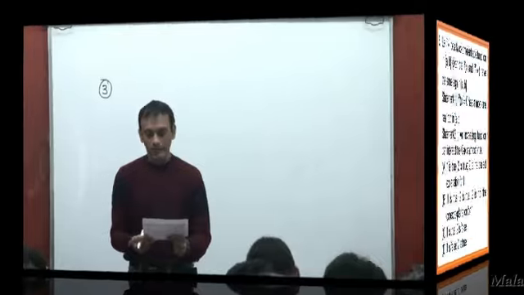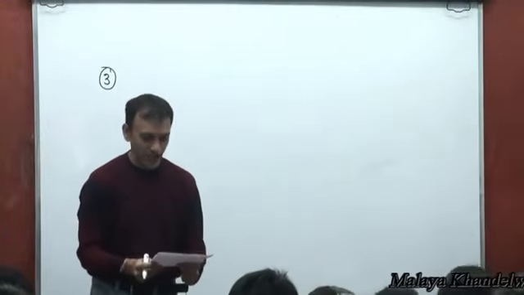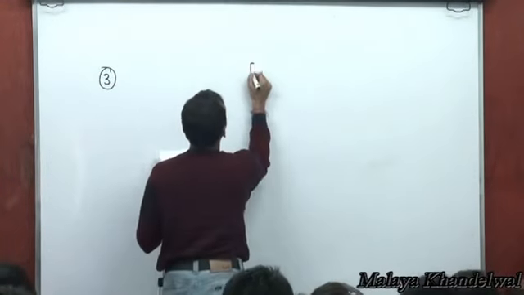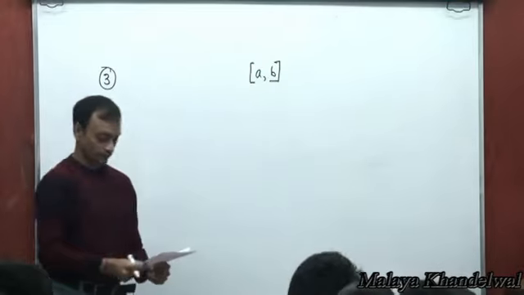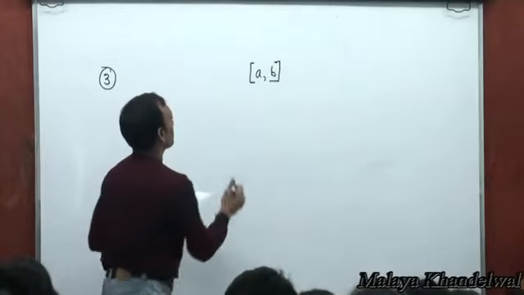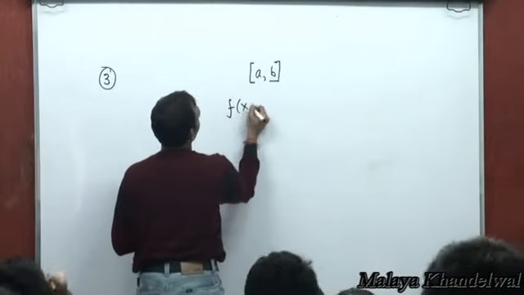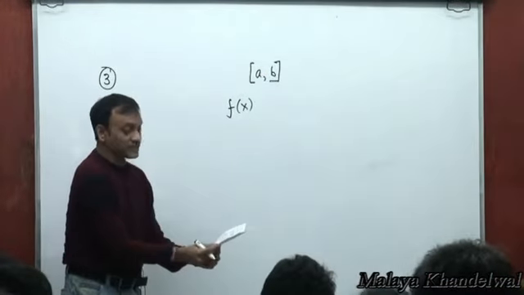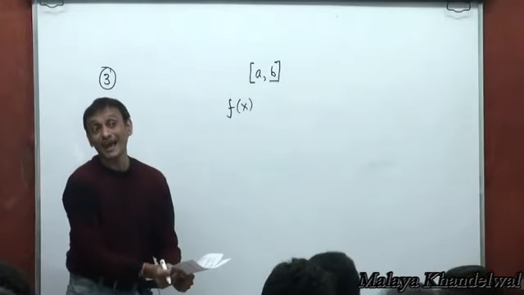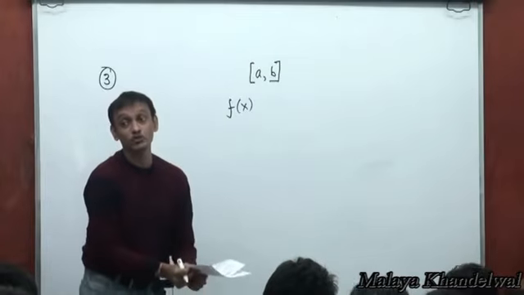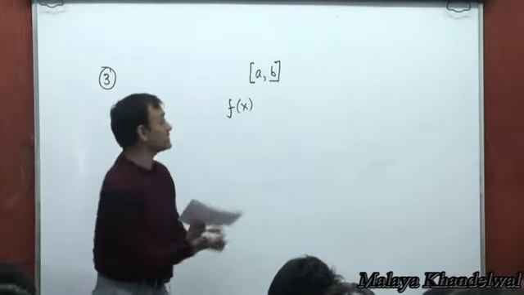Let f(x) be a twice differentiable function in the interval a to b, given that f(x) and f double dash x have the same sign in (a, b). That means f(x) into f double dash x must be greater than 0.